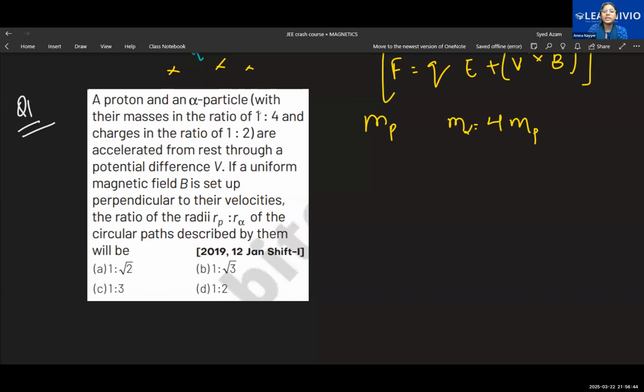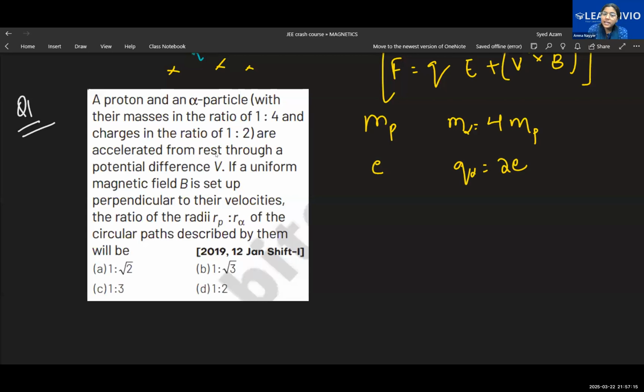This should be remembered because alpha particles, protons, electrons are very common particles mentioned in these questions. The charge on the proton is e, the electronic charge. What's the value of electronic charge, Meera? 1.6 into 10 to the power minus 19. Yes. And the charge on the alpha particle becomes double of it, 2e. So this should be remembered, though it is mentioned in the question.